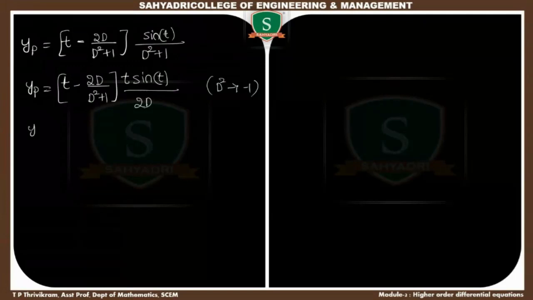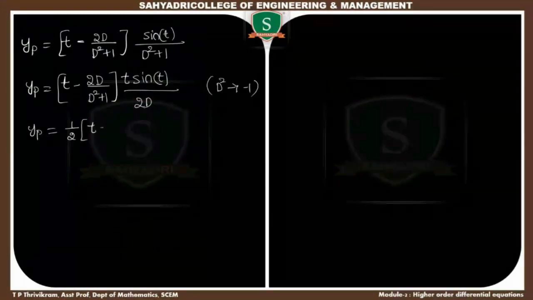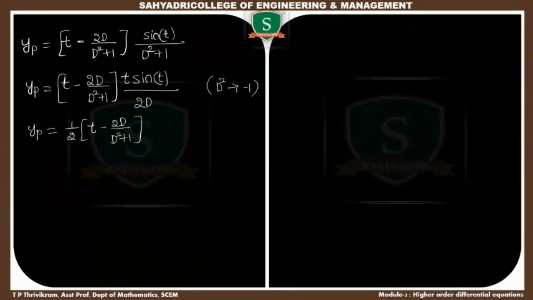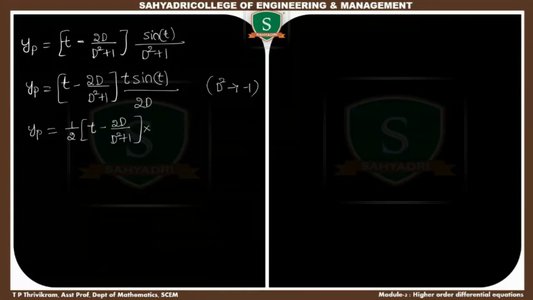So yp is equal to, I can write this as 1 by 2 in the front, t minus 2d divided by d square plus 1 into 1 by d. Okay, so what will be 1 by d into sin t? Integration of sine is minus cos t. So I'll get minus t cos t.